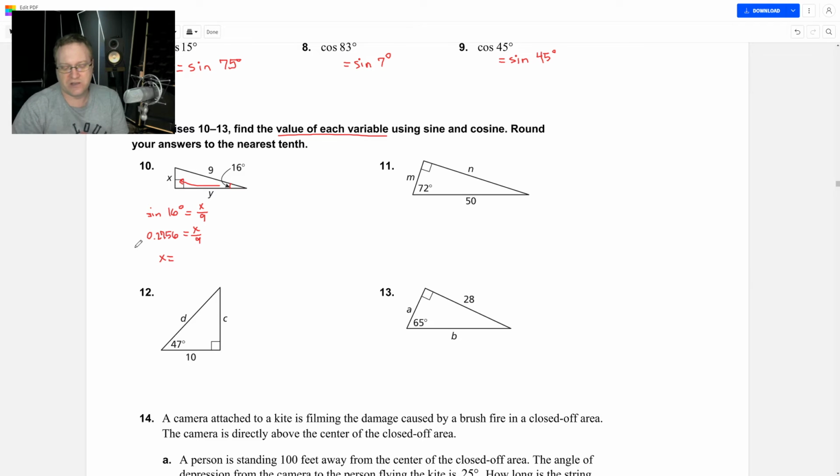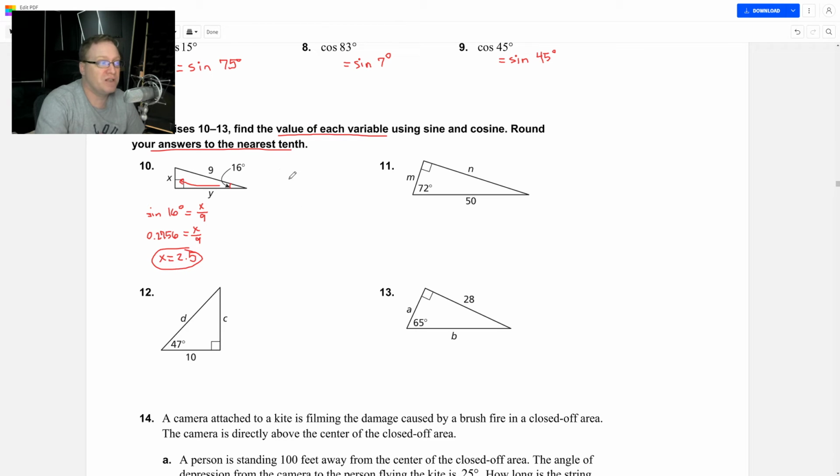So I'm going to multiply 0.2756 times 9, and you get 2.48 blah blah blah, but they want to round to the nearest tenth, so 2.48 rounded to the nearest tenth is 2.5. So x equals 2.5.